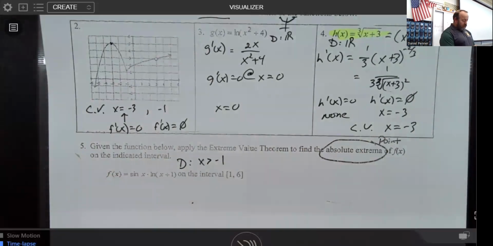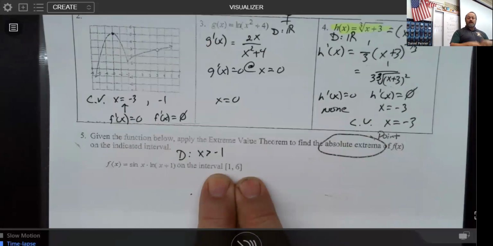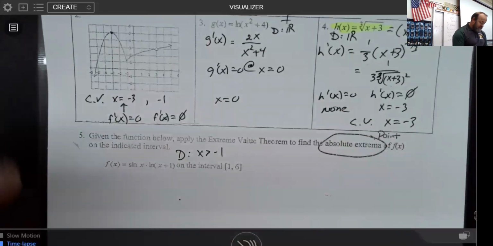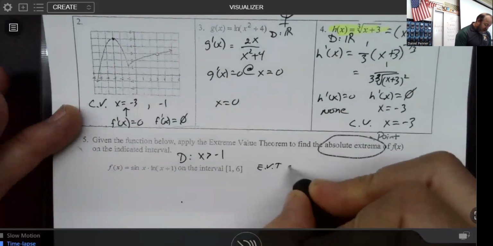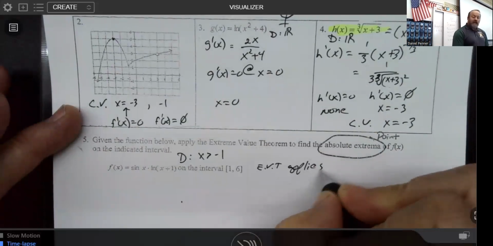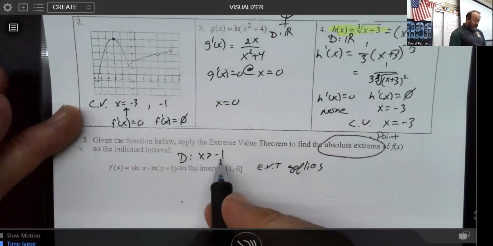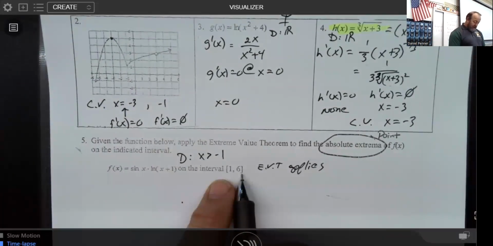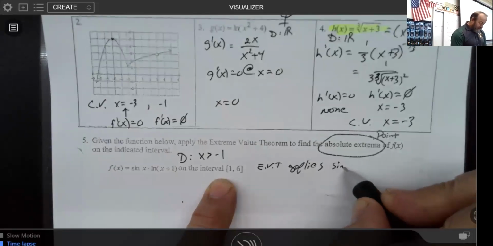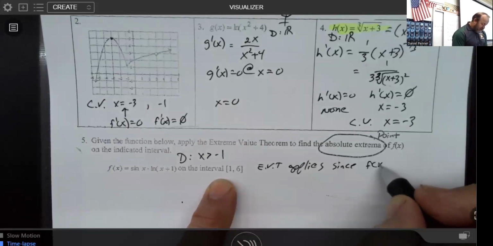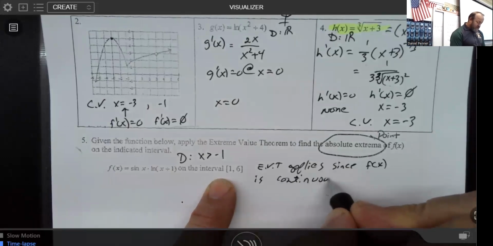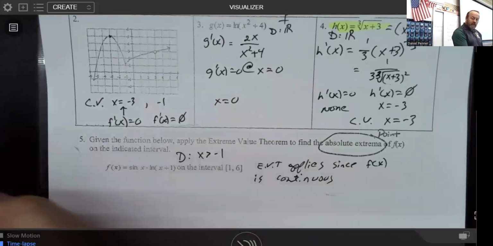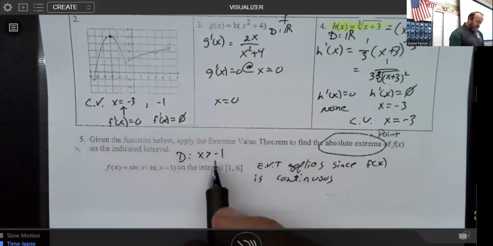So when we look at this problem right here, I know the extreme value theorem applies. EVT applies because the domain is everything above -1, and this interval is clearly in that region. I know f of x is continuous because its domain is everything from -1 to infinity.